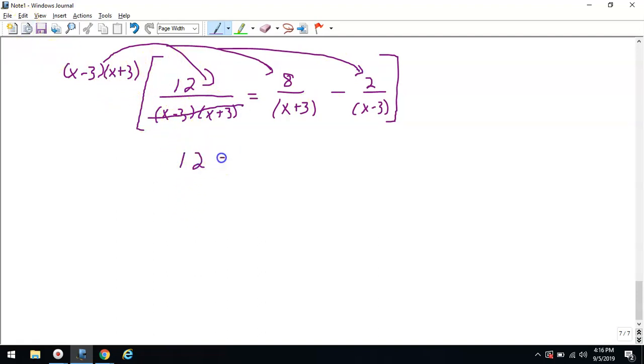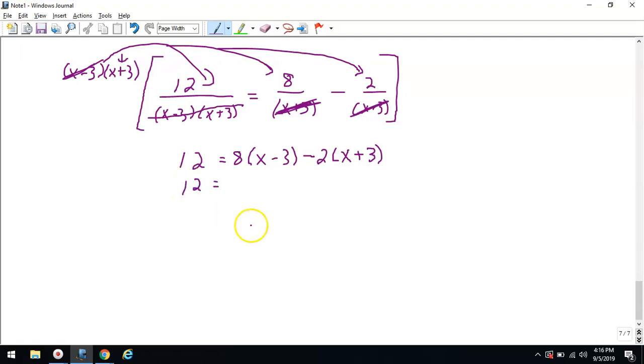So now 12 is equal to, the x plus 3 part of the denominator cancels with this x plus 3, and what I have left is 8 times x minus 3, minus, over here, my x minus 3 cancels out, and I'm left with 2 times x plus 3. Now it looks like it's just going to be a linear equation.